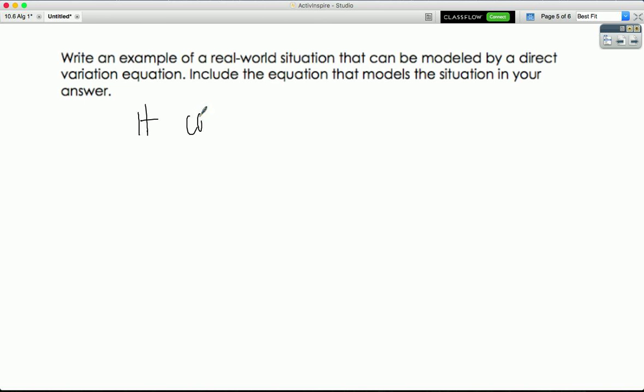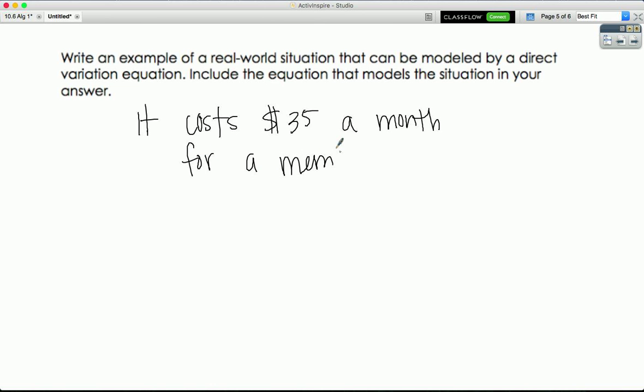so it costs $35 a month for a membership at Planet Fitness.